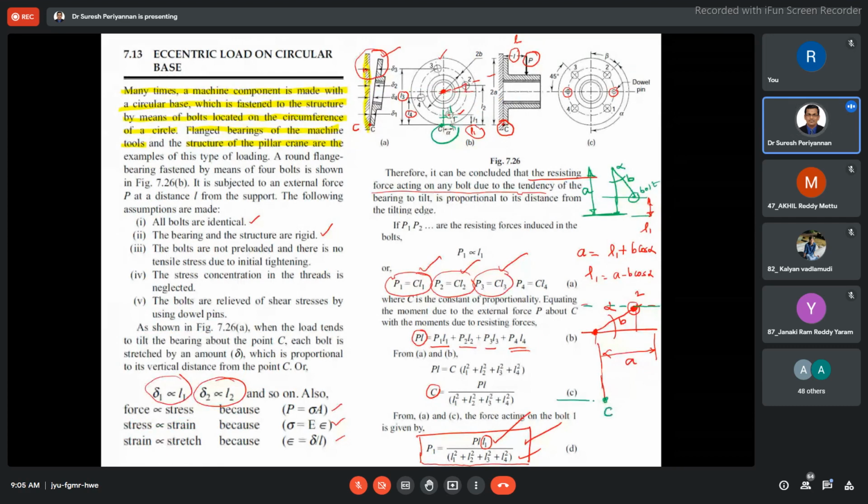This is our required distance, L2. From point C to the center we know the flange radius a. Then L2 is equal to a plus this distance. What is this distance? b into sine alpha, where b is the pitch radius. That's all.